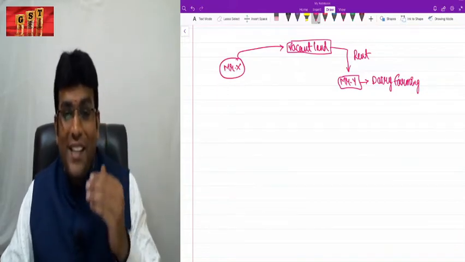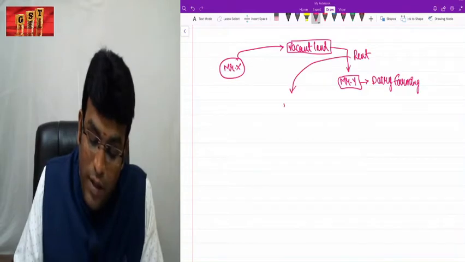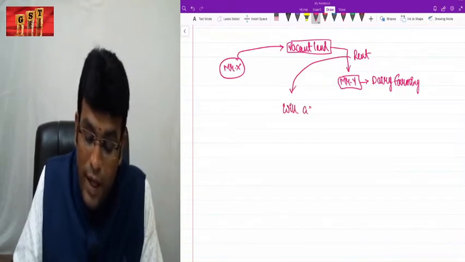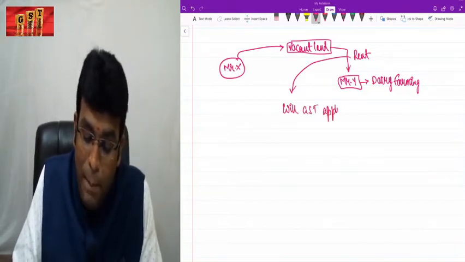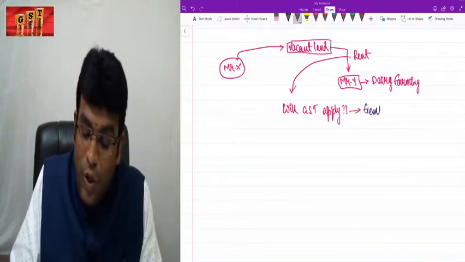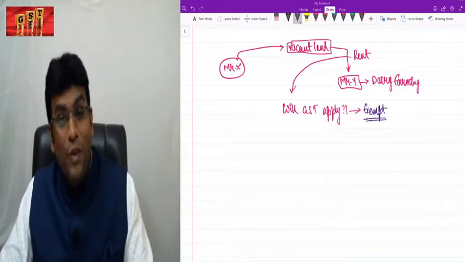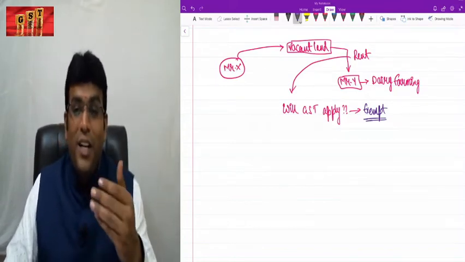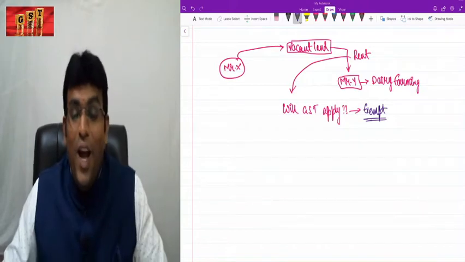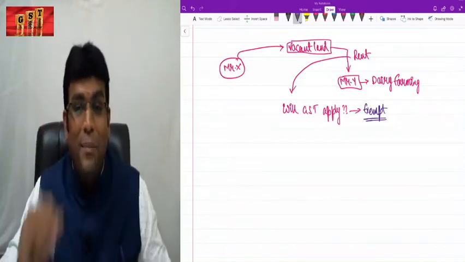So vacant land is given on rent for the purpose of dairy farming. On this rent, speak out, guys, will GST apply? Straight away my answer is, without any second thought, exempt, because renting of vacant land with or without structure incidental to its use for agricultural activity or for rearing of all life forms of animals, it is exempt.